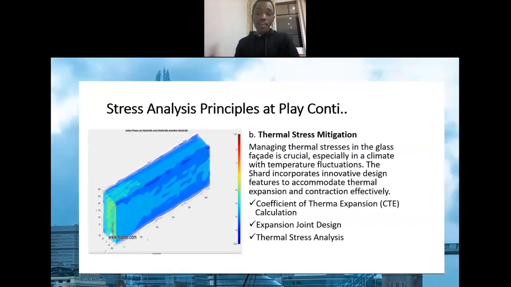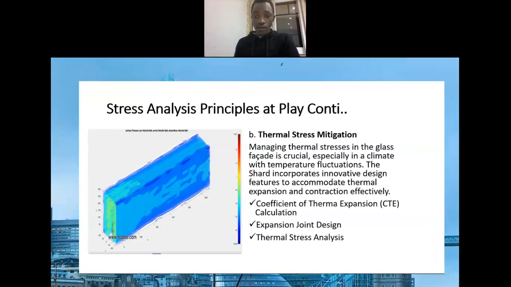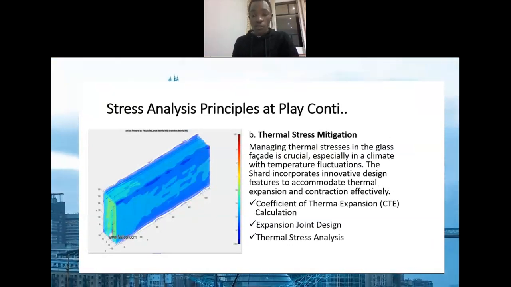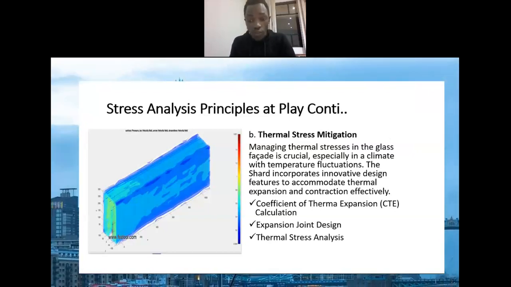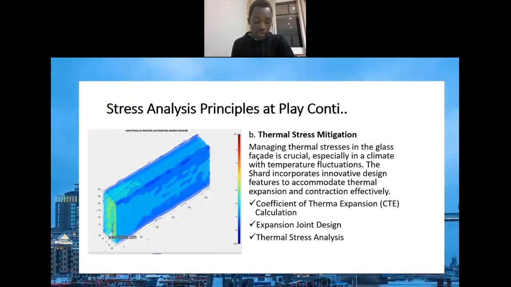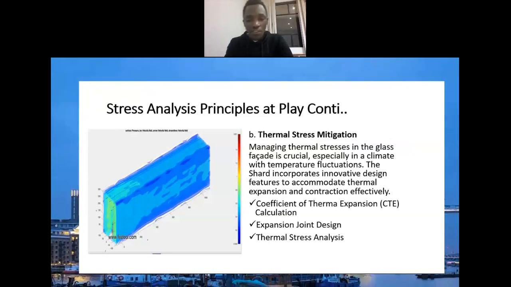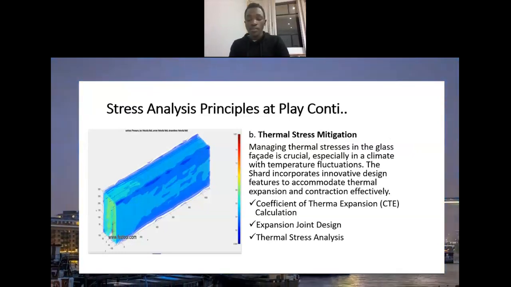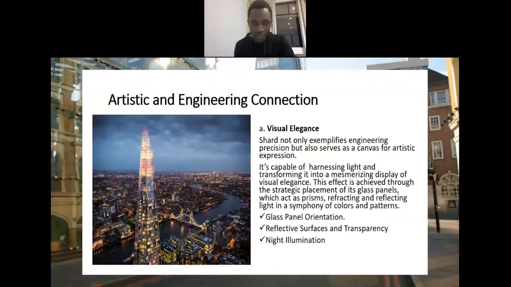Then the thermal stresses, very important, and all these were done using the coefficient of thermal expansion technique, and also the expansion joints design and the thermal stress analysis. All these were done using this real-time software so that it can understand at different places where heat might cause problems, so that it is taken into account during the design period.